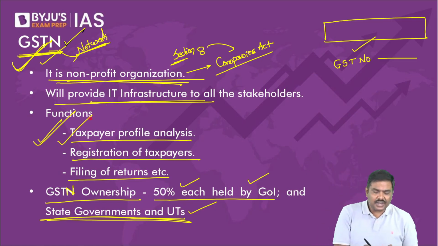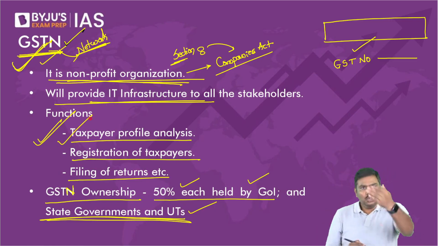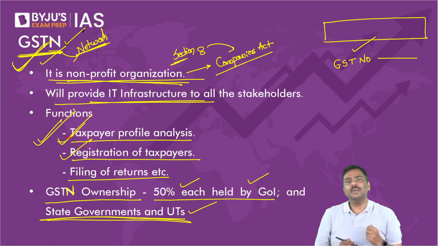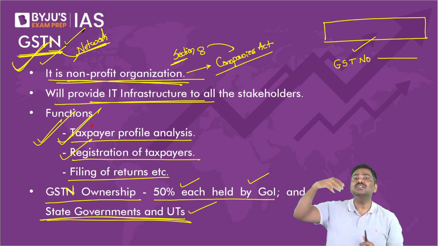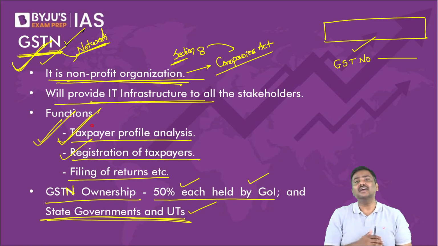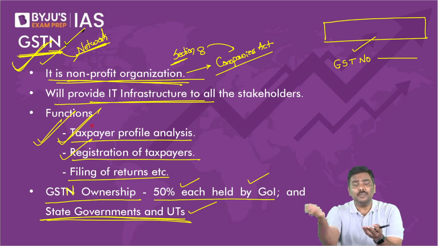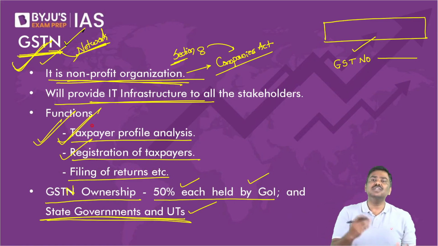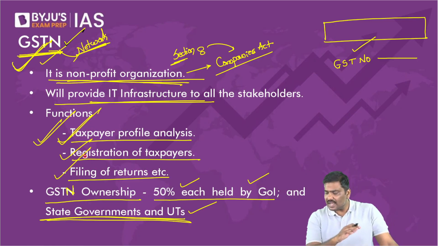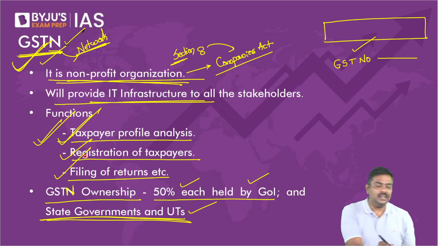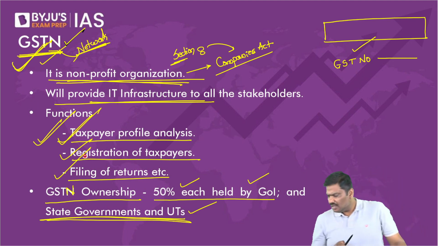So registration, analysis, you want to file receipts with the government. You want to give a document to the government showing how much should be your input tax credit. Where will you file all of these documents? It is through GST network. So these are some of the functions regarding GST network.